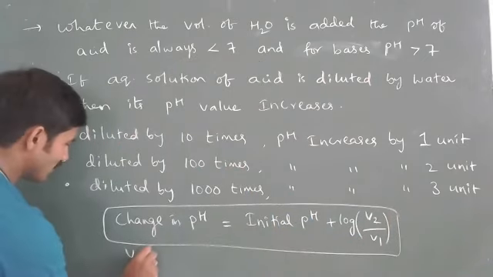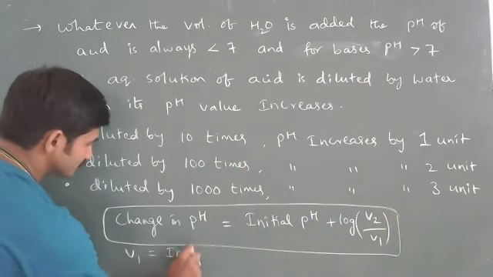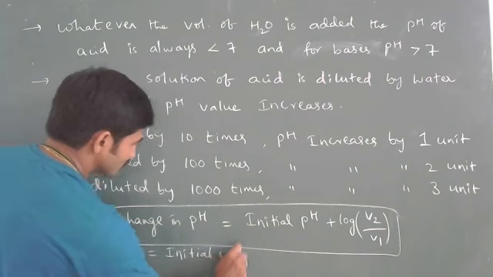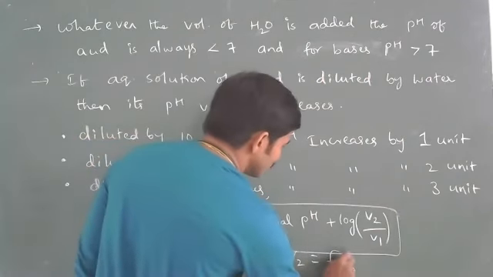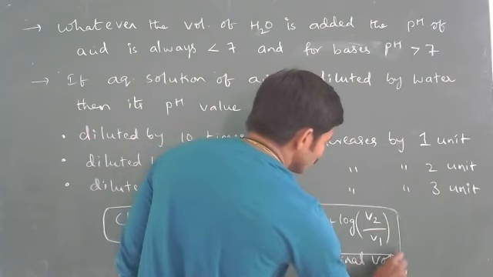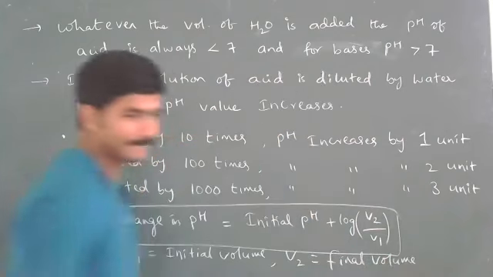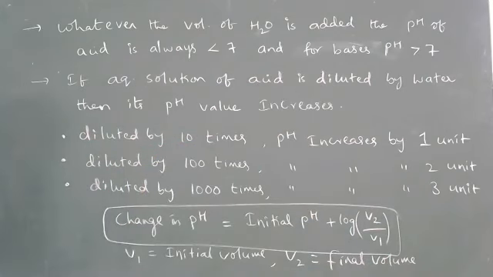V1 is equal to initial volume, V2 is equal to final volume. Understood?